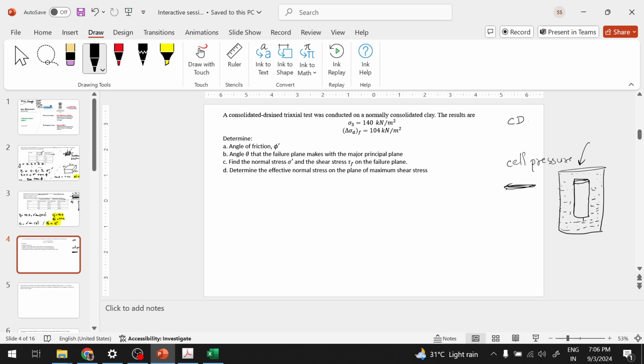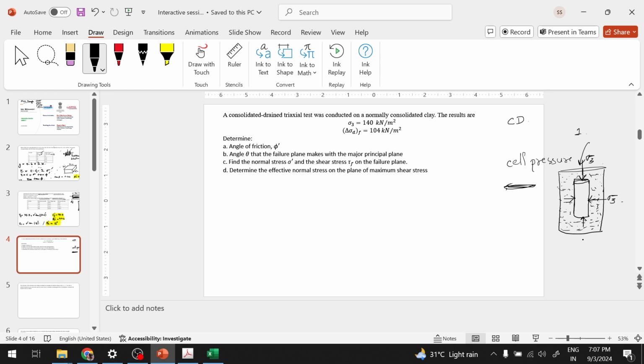But after saturation, the first step is I will put cell pressure, which will be all around this sample, here, here, here, and here. Let me call this cell pressure sigma 3, and this will remain constant throughout my test.